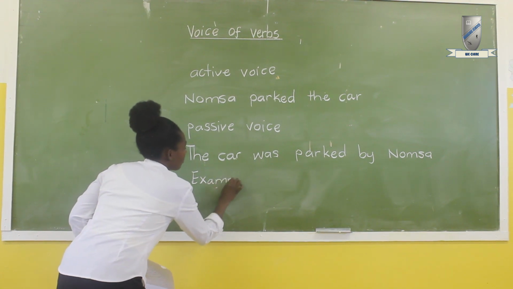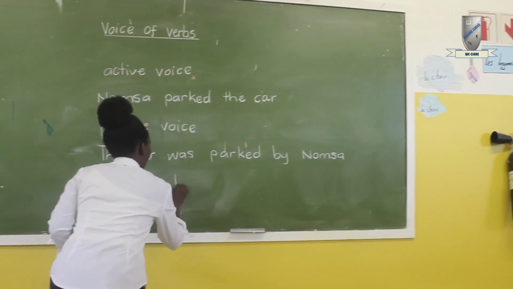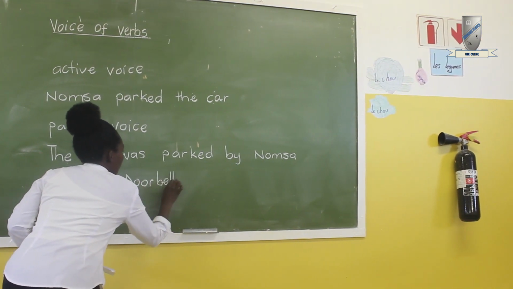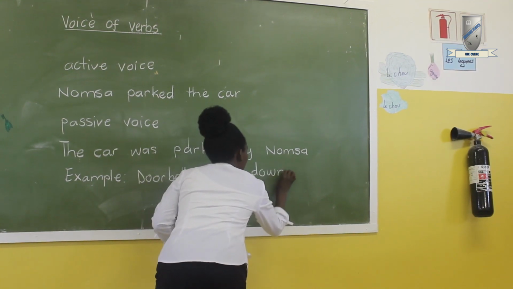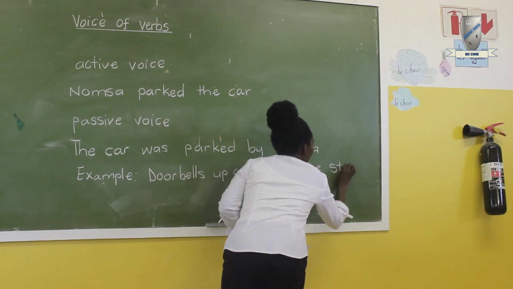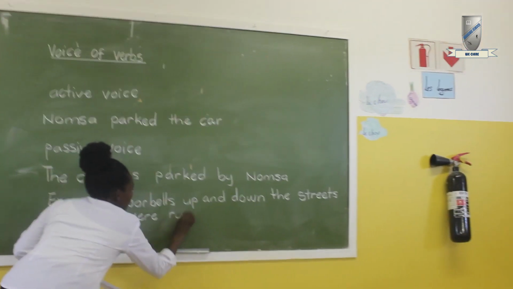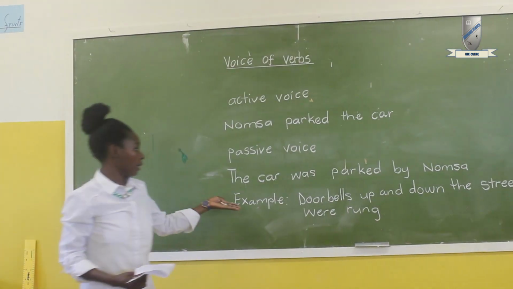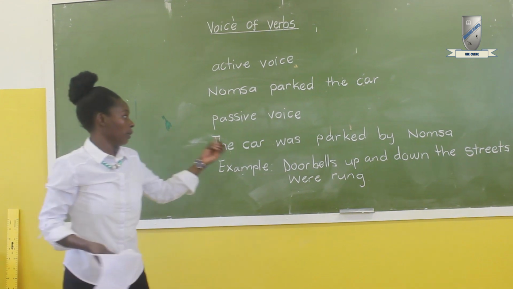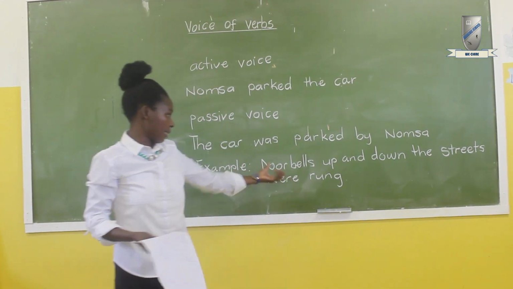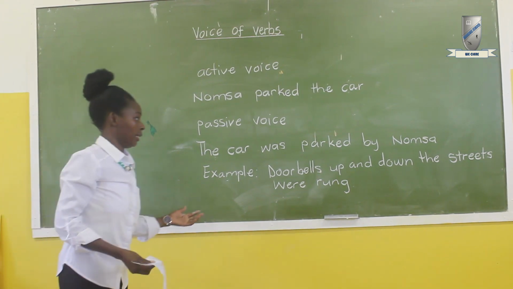For example, this is an example of such sentences whereby we might not know the subject who performed the action, but what we need to know, the most important thing, is that the bells were rung, without even knowing who rang them.